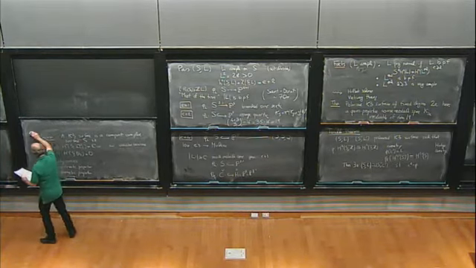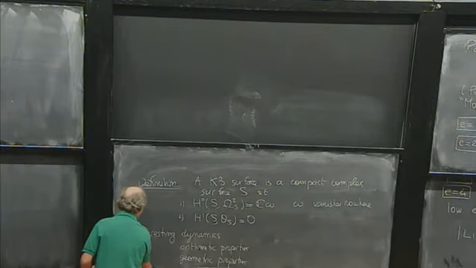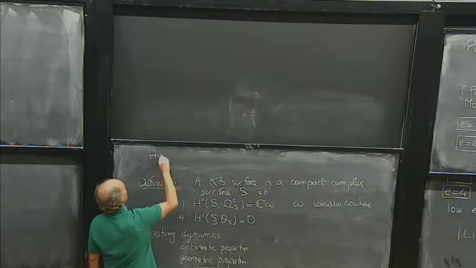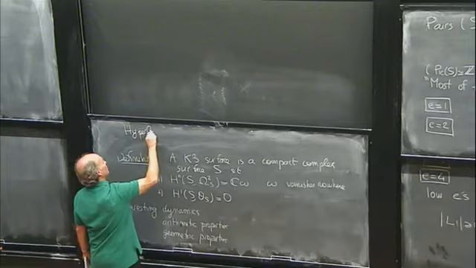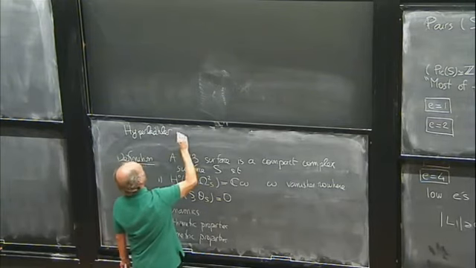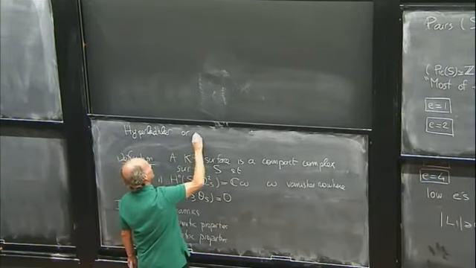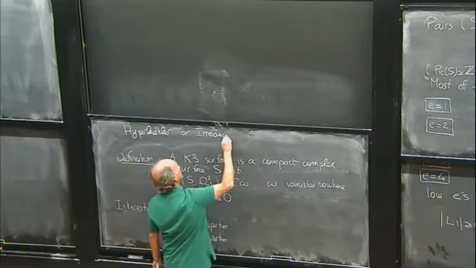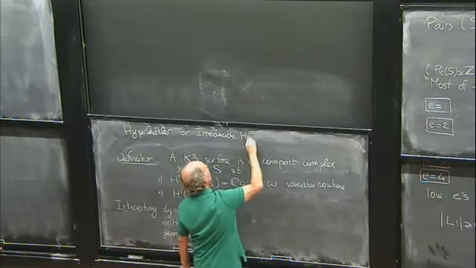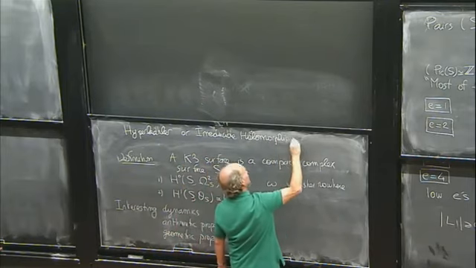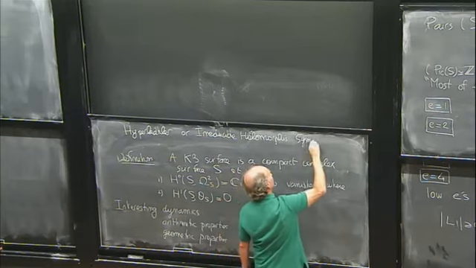So in higher dimensions, the analogs that I want to talk about are called either hyperkähler manifolds, for reasons that I want to explain, or irreducible holomorphic symplectic varieties.